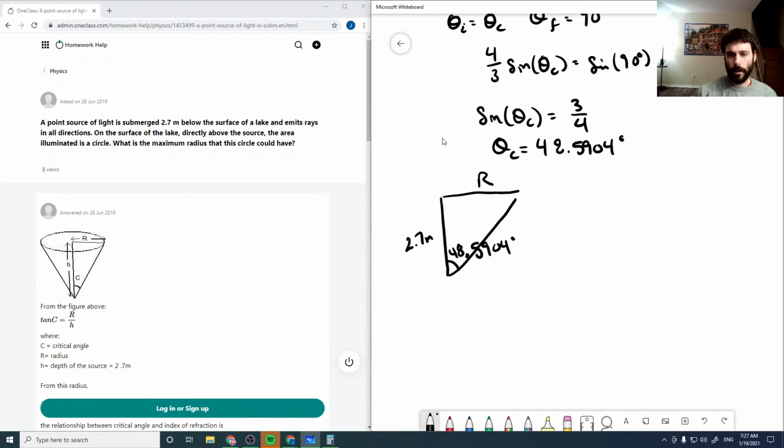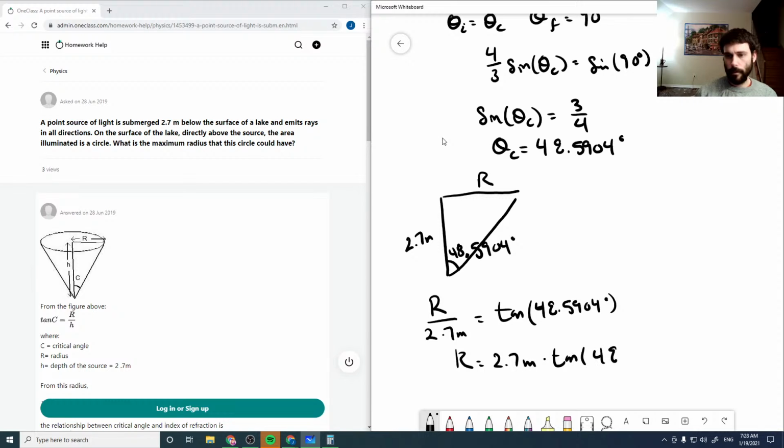And so we can see that R over 2.7 meters is equal to the tangent of this angle, or our R is 2.7 meters times this, which comes out to be 3.06 meters.